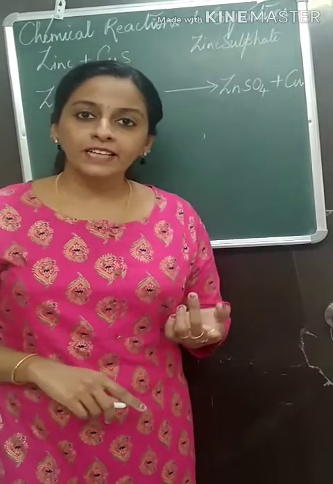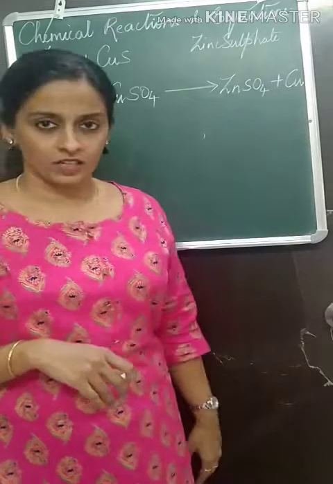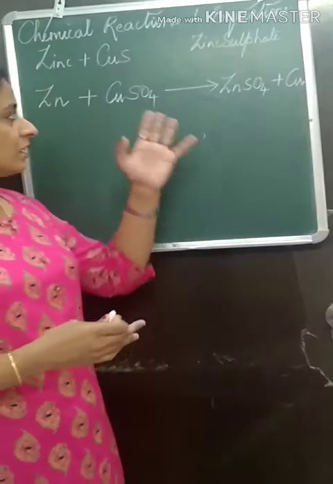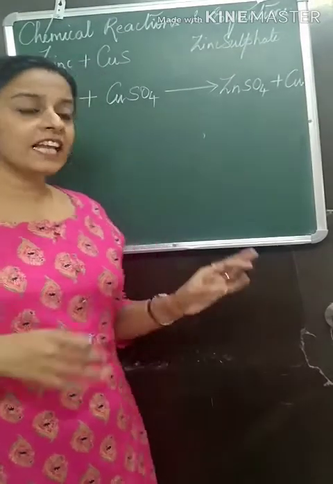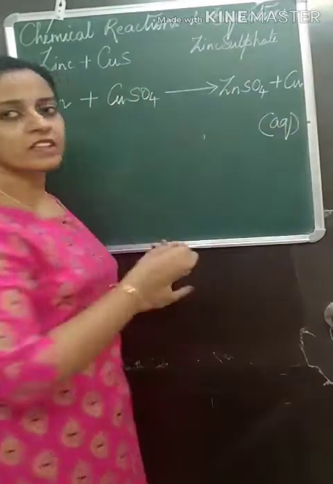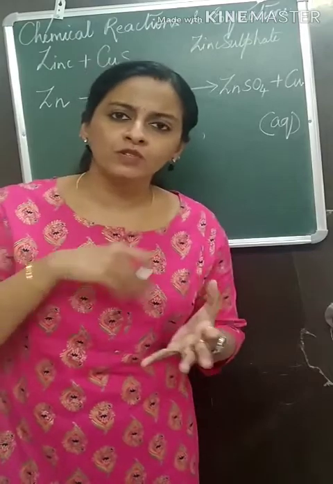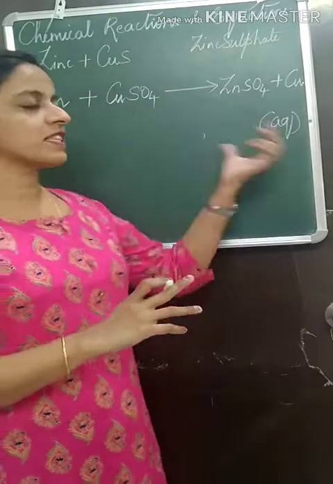Next, you will also write the physical state of the reactants and the products: solid, liquid, gas, or another state, the aqueous state. Are you familiar with the word aqueous state? Anything that you dissolve in water gives the aqueous state.